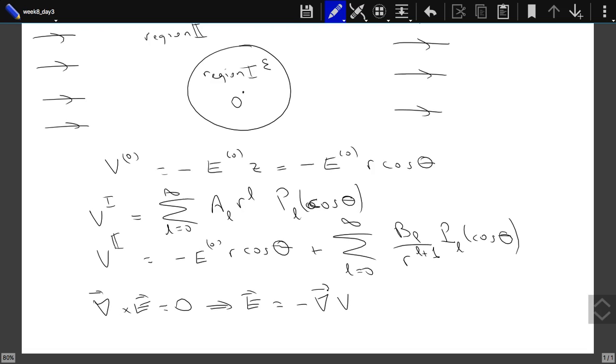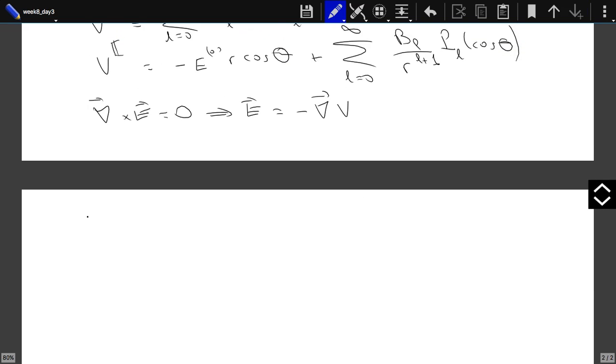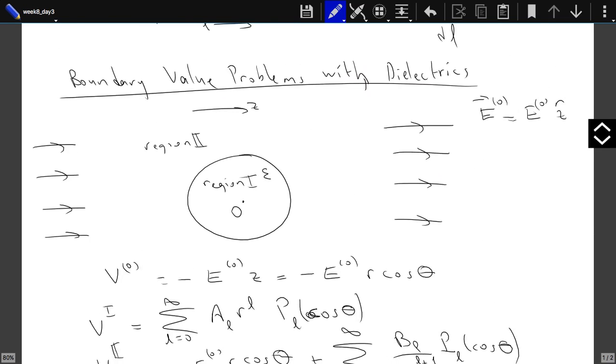This is always true, whether we have matter or not. Now the displacement field is epsilon times the electric field, and what is the divergence of the displacement field in this system?